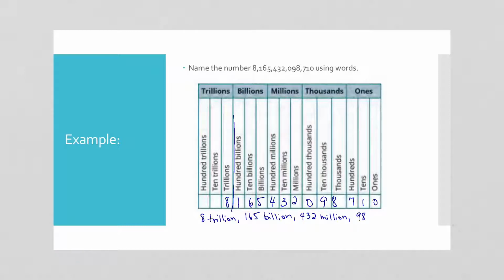Notice I didn't say 098. All I said was 98,000 710. So that's how you say this. 8 trillion 165 billion 432 million 98,710.